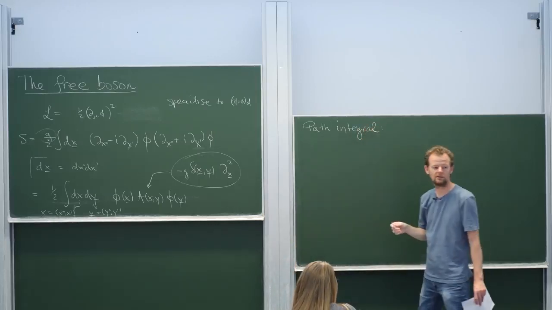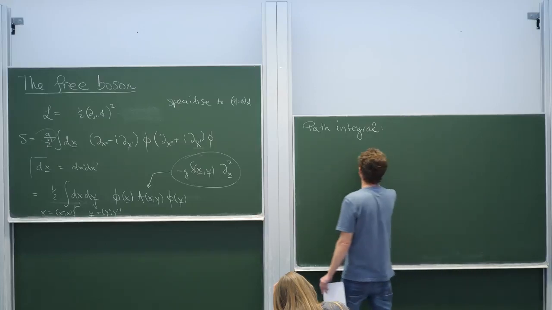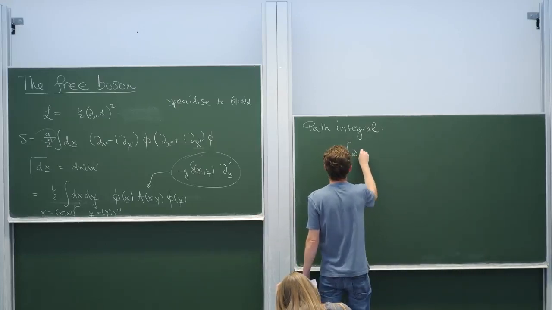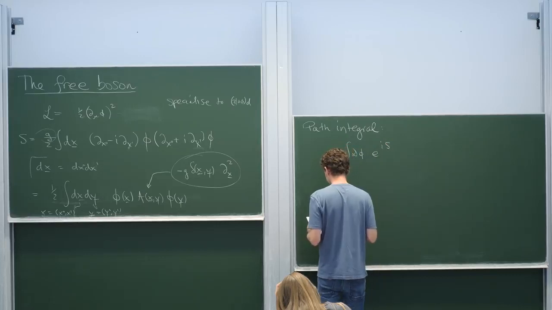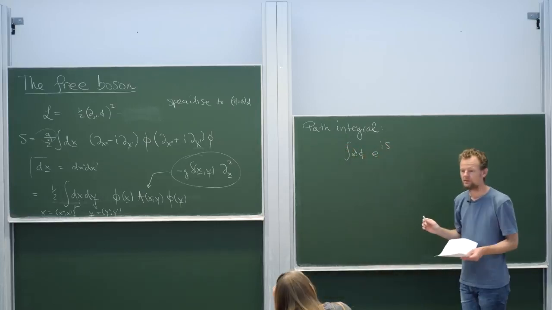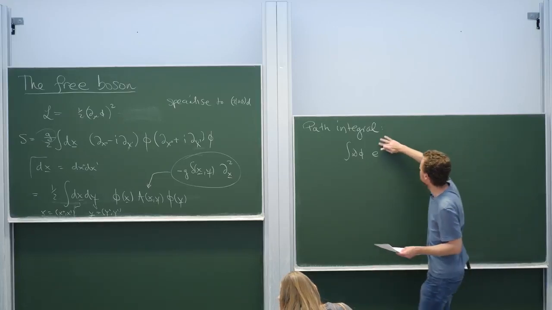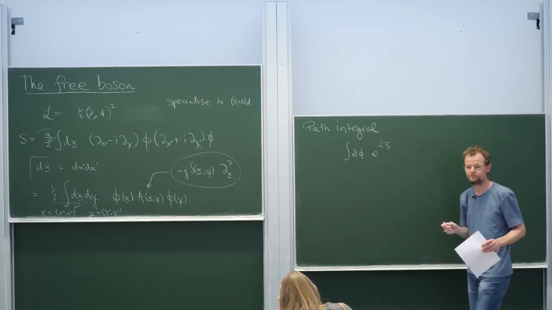So when you have a path integral to quantize a theory, you've got to integrate over the field configurations, e to the iS, but we're doing things in the Euclidean picture, so we have a minus here.